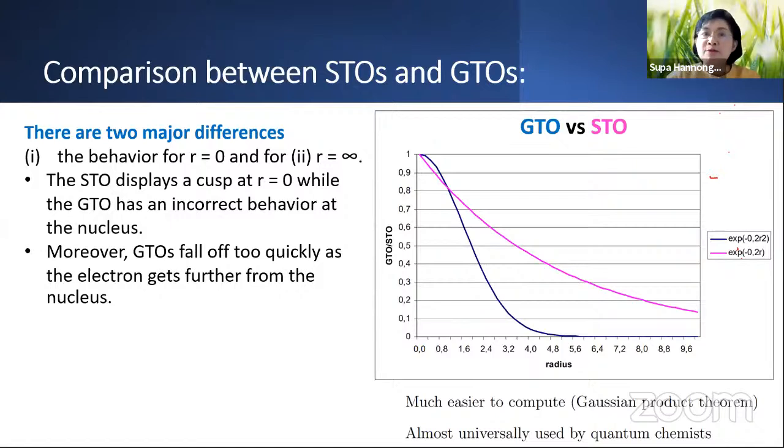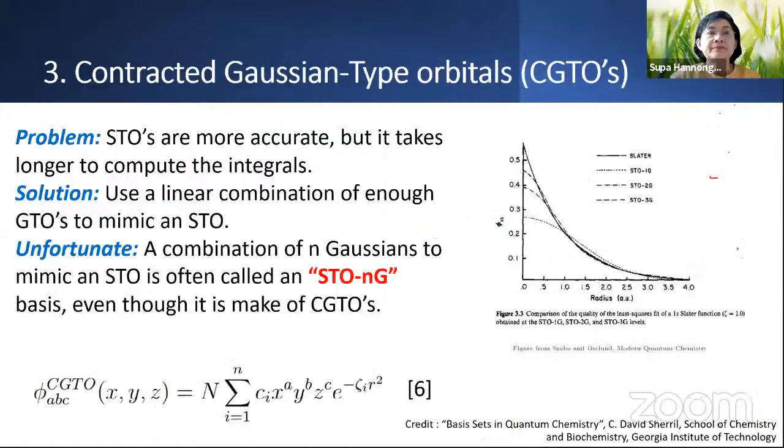So now you know about two basis functions, STO and GTO. I will go a little bit further to the third type of basis function.